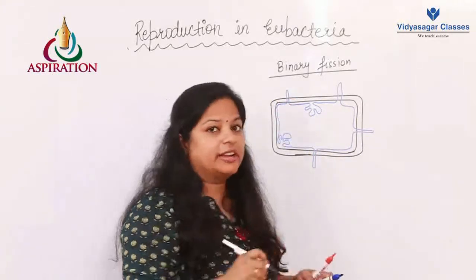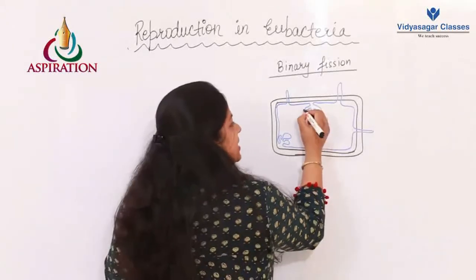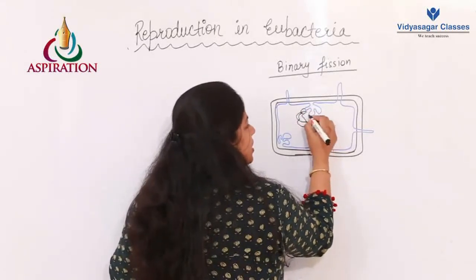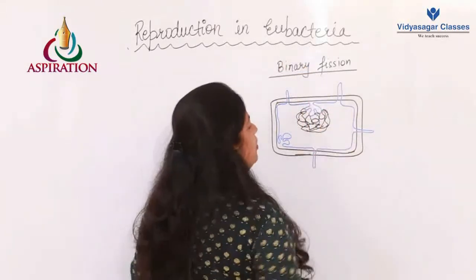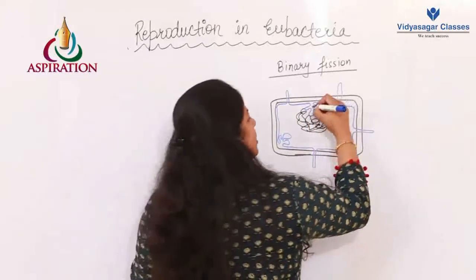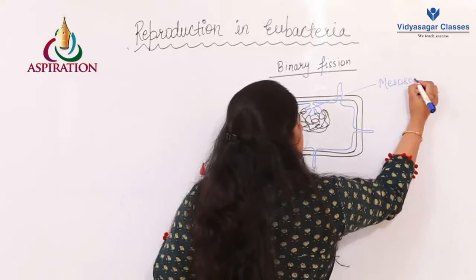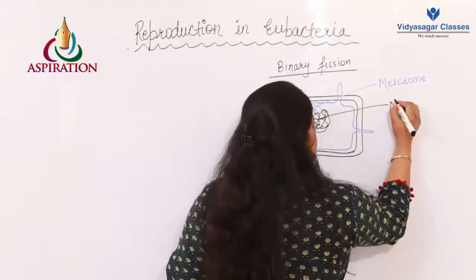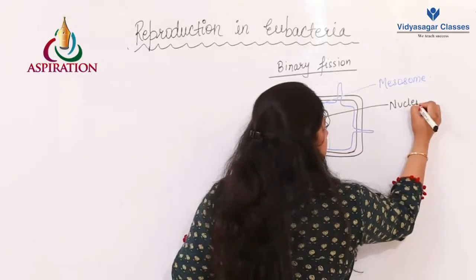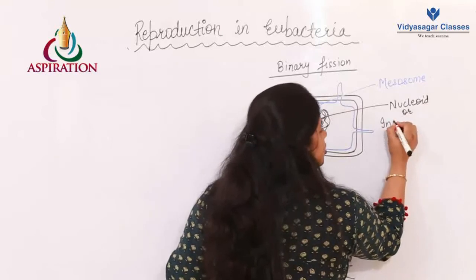The nucleoid, the genetic material of the bacteria, is attached to this ingrowth of plasma membrane, which is known as the mesosome. This nuclear material is known as nucleoid or incipient nucleus.